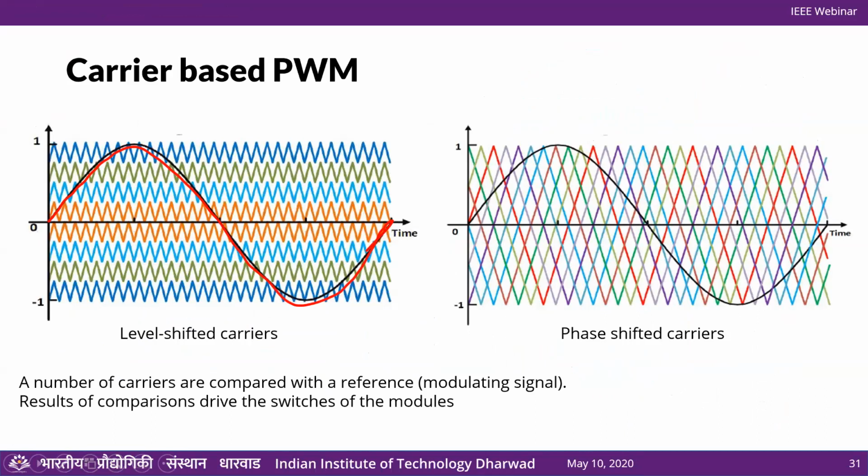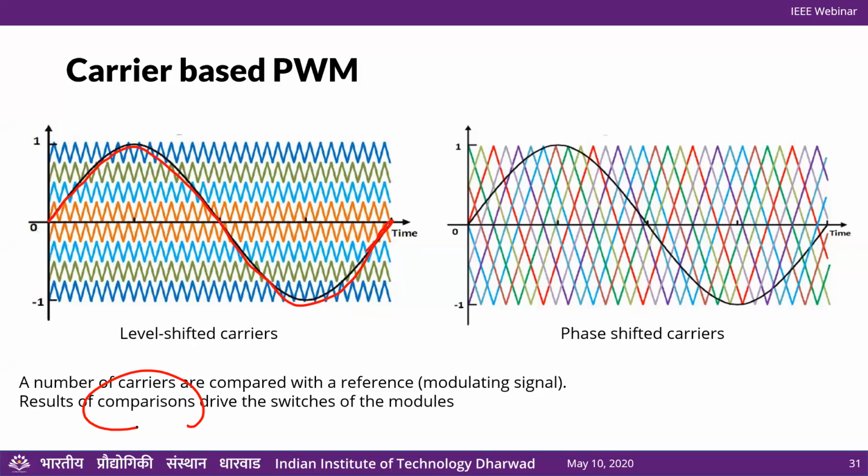That's the voltage you want to generate. Now you compare this with a number of signals called carriers. Those carriers are high frequency signals of some predefined shape, and the comparison between these two is used to determine whether certain switches are on or off. In our case, whether a module is inserted or bypassed, or on or off, right?